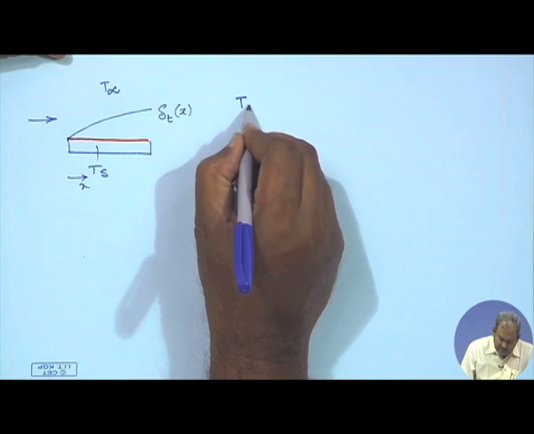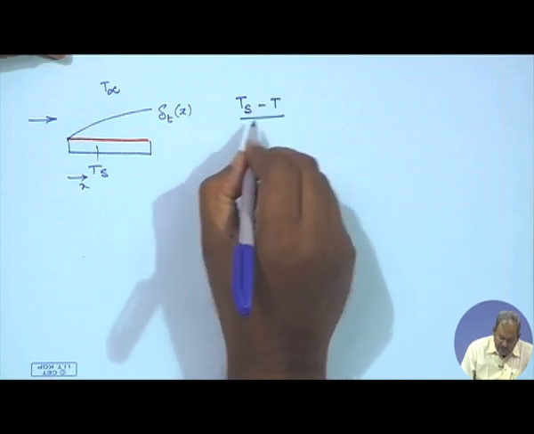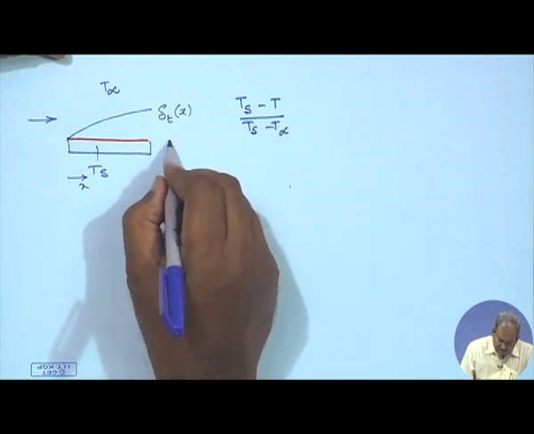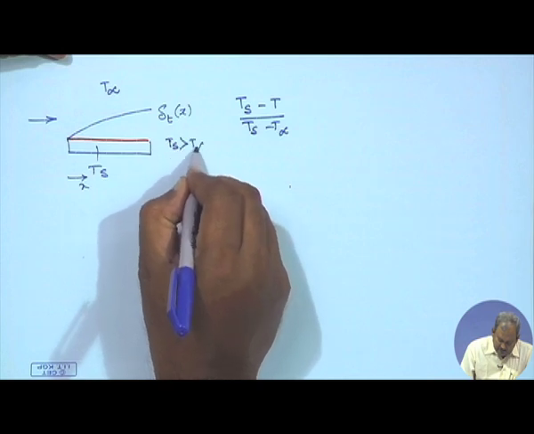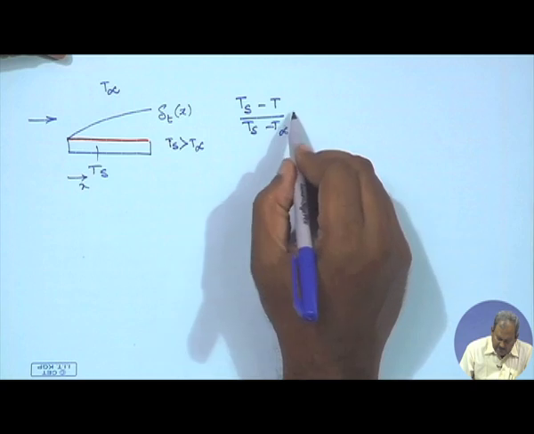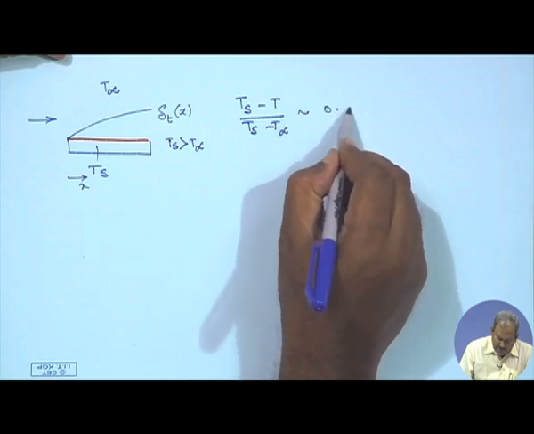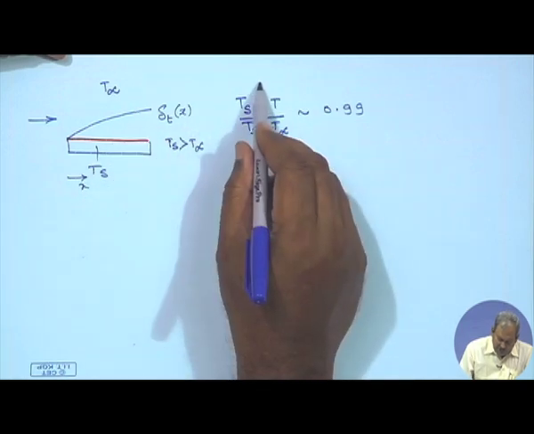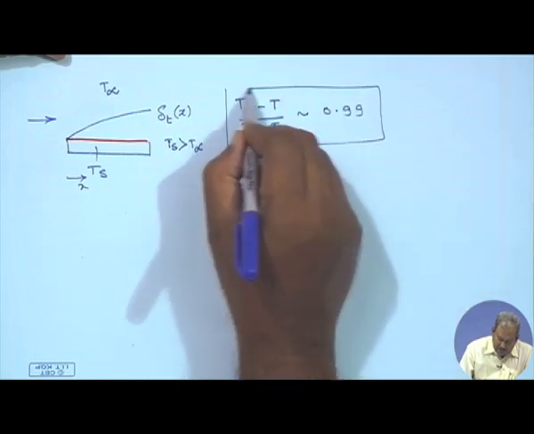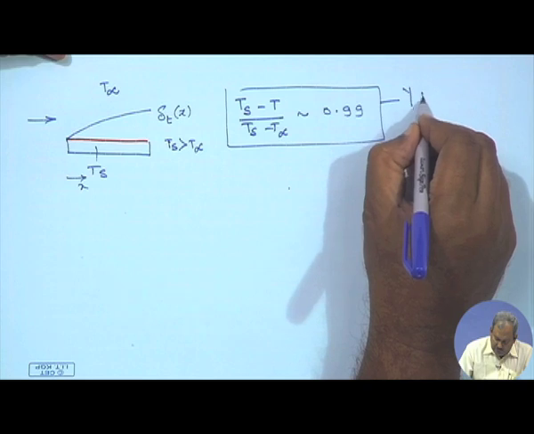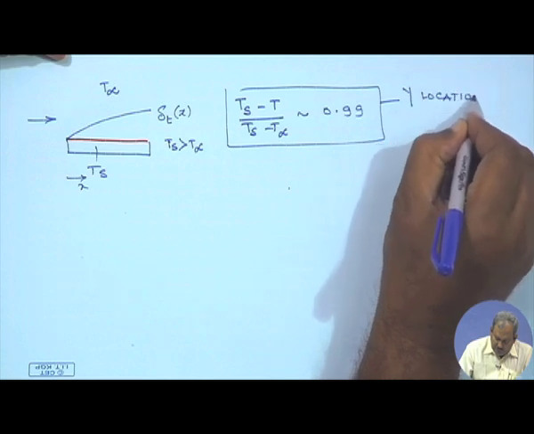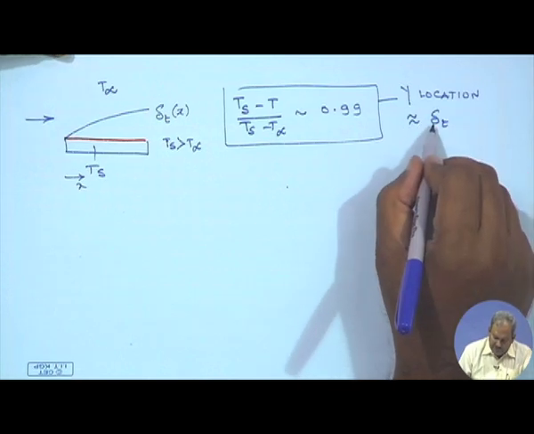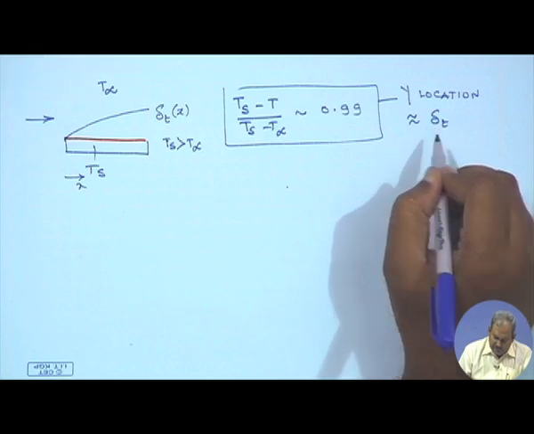The boundary layer thickness is defined as before, where the dimensionless temperature difference, and here we assume that Ts is greater than T infinity, Ts minus T by Ts minus T infinity is equal to 0.99. The y location corresponding to this condition is called delta T, the thermal boundary layer thickness.